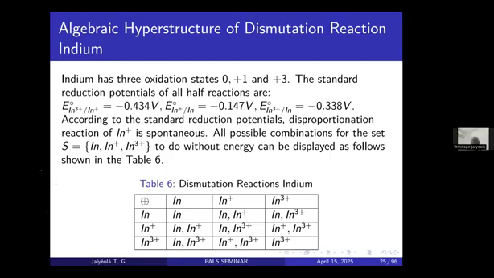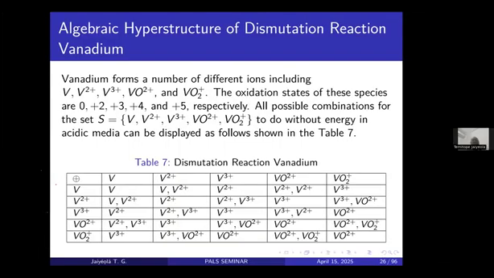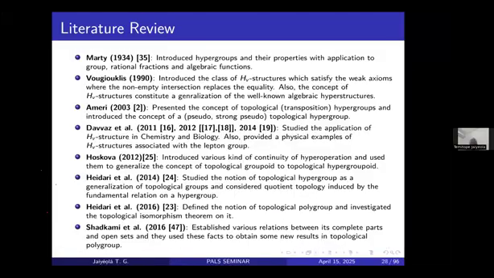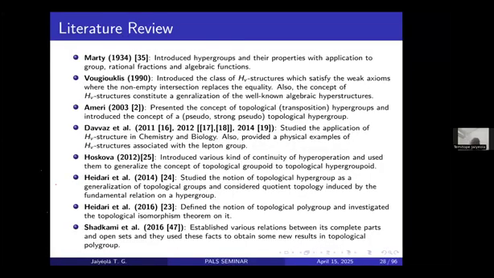For indium, this is how the dismutation reaction, as a hyperalgebraic structure, looks. And for vanadium, this is how the table looks. So we'll be using some of our weak associative laws to get to know more about these structures as we go on.